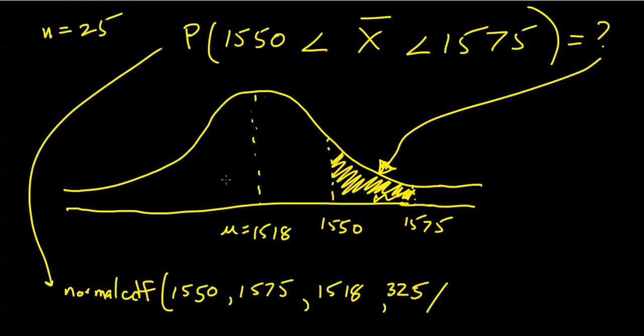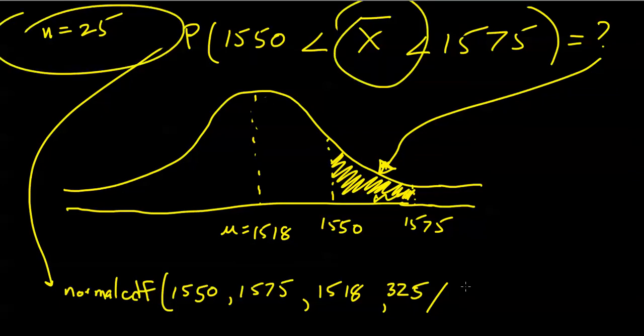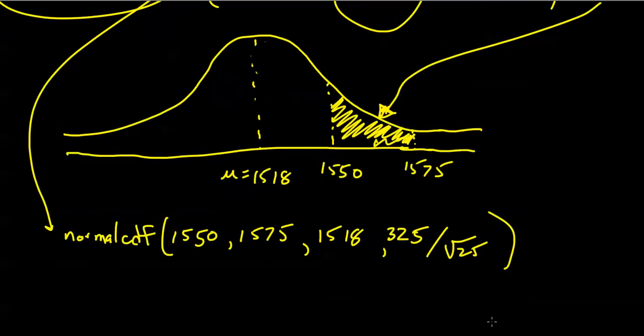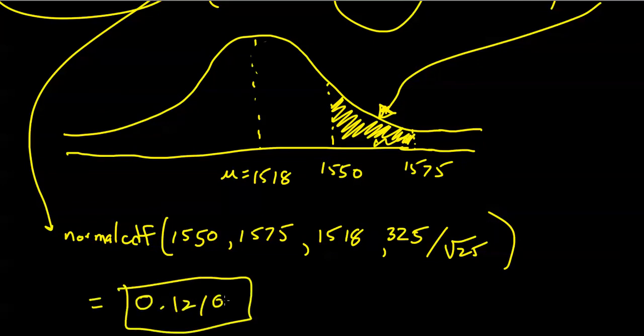But you've got to remember you're talking about a sample mean here, so you have to divide that SD by the square root of the sample size. An easy step to forget. If I punch this out on my calculator, I get a final return of 0.1210. Let me check the answer in the book. Yes, 0.1210.